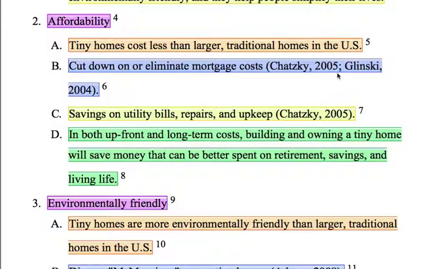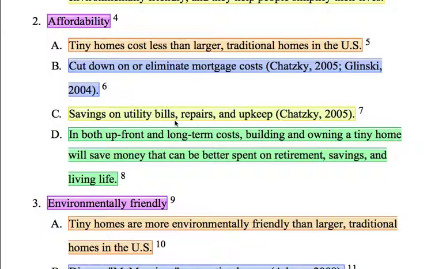Now in the next paragraph after that, you are going to talk about mortgage costs in particular. So you would talk about the mortgage costs of a traditional home versus a tiny home, and you would give specific examples. Again, there's a citation here that would show the reader exactly what those different costs are. And now your next subpoint or another paragraph would be the savings on, say, smaller parts of the monetary equation.